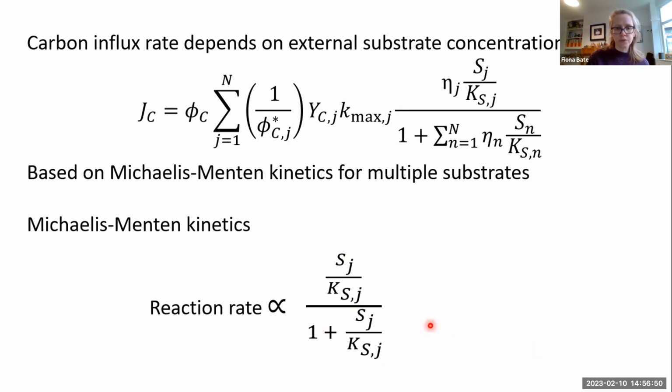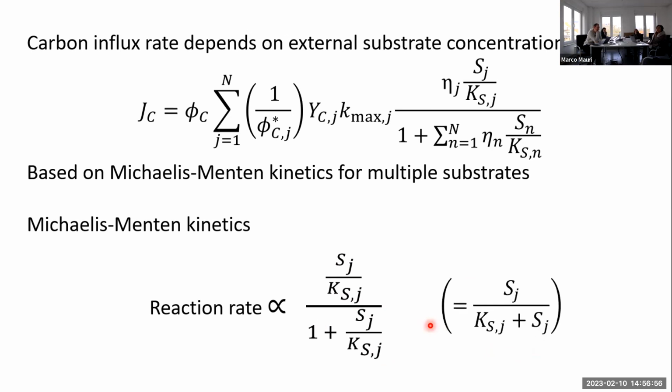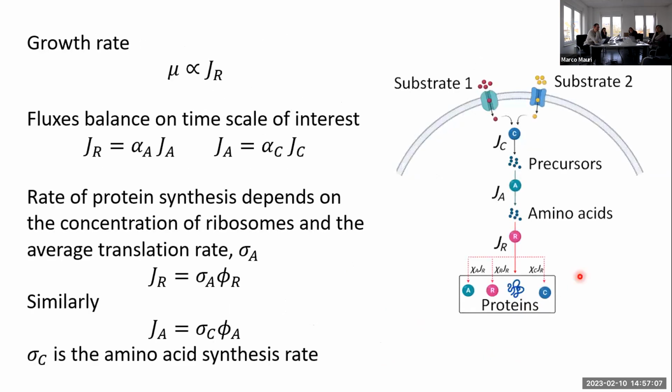Sorry Fiona, just a question. In the slides before, the rates at steady state were given as proportional but not equal, right? If you go on the slides before. Yeah, here. I got a bit lost here. JR proportional to JA, they were not equal. What's alpha?